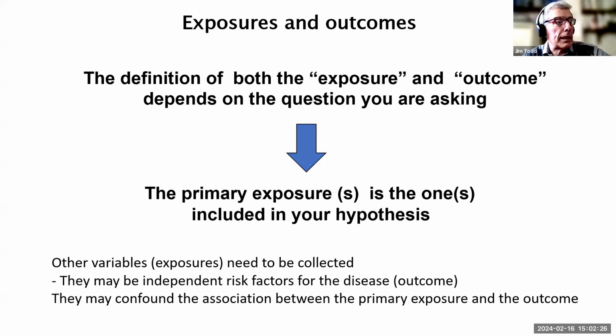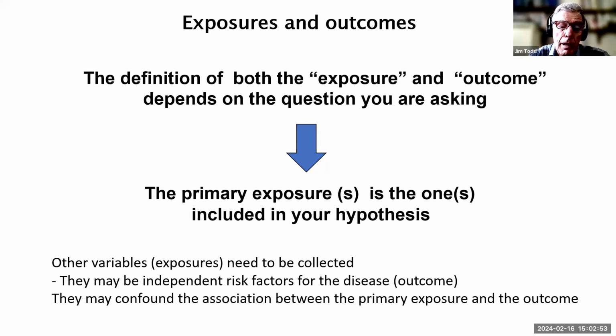However, we might have that exposure and our outcome in our study, but we need to be able to collect a lot of other variables or exposures or covariates, or many other ways of talking about these. These might be independent risk factors for the disease, the outcome, and so they are important to know about in order to assess the factors contributing to that disease.